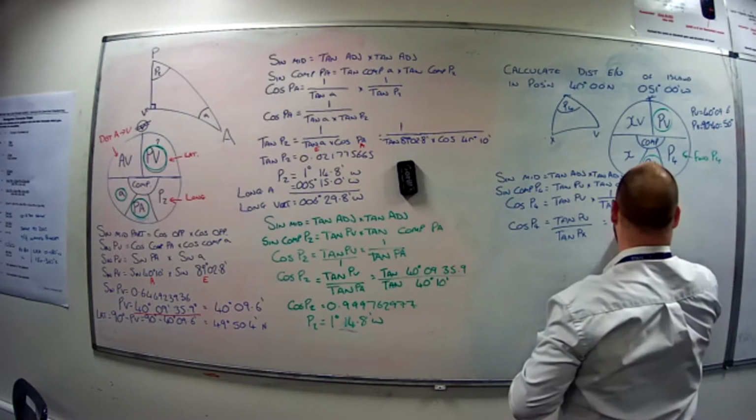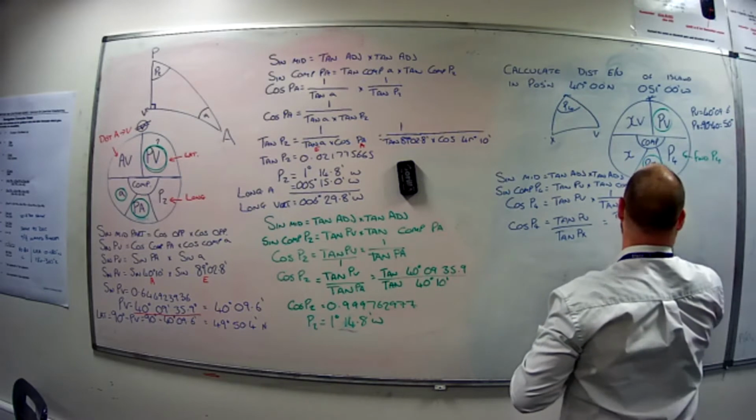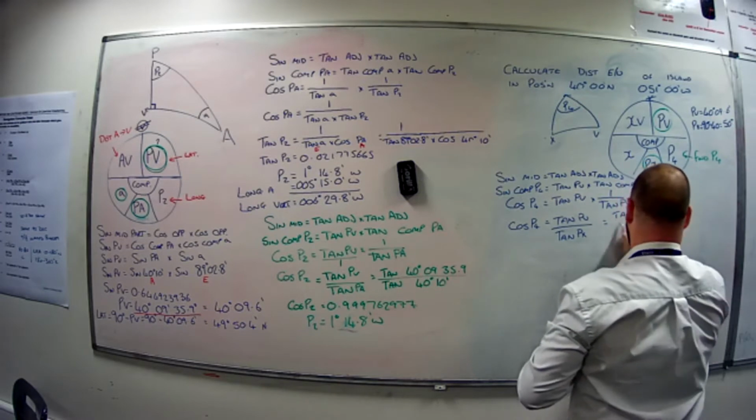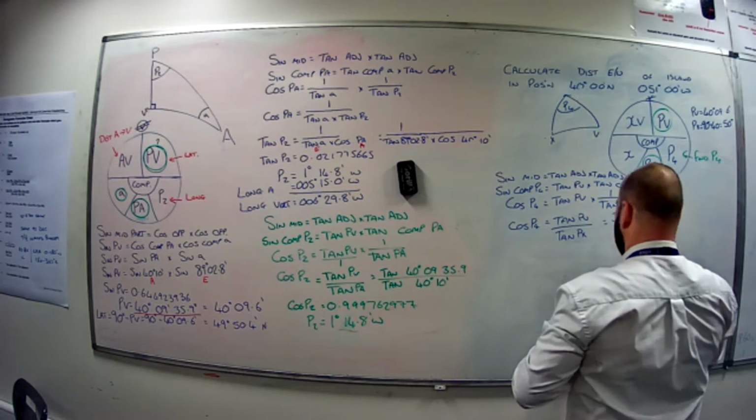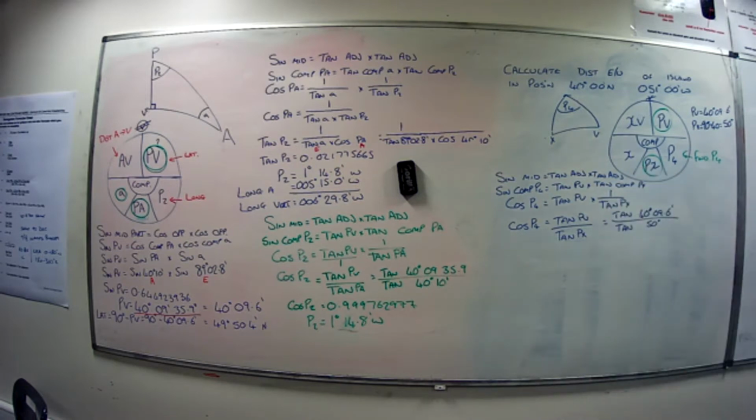So it's going to be tan 40 degrees, 9.6 minutes divided by tan 50 degrees. And that'll tell us straight away angle P. So tan 40 degrees, 9.6 minutes divided by tan 50 degrees equals cos.